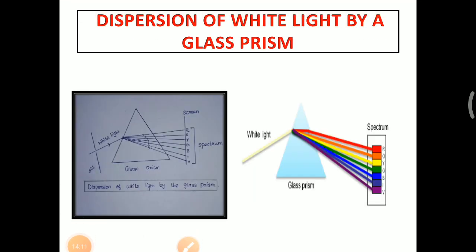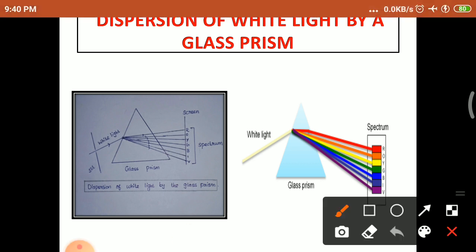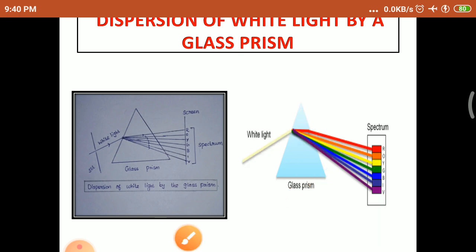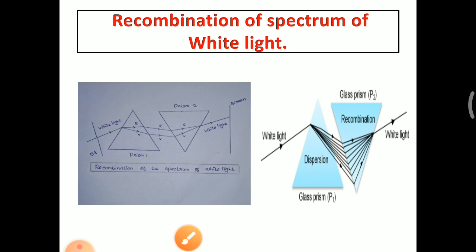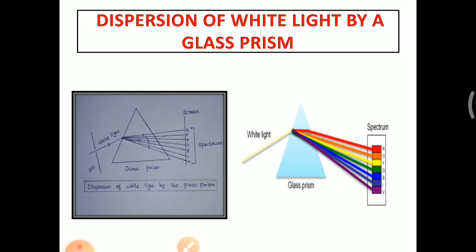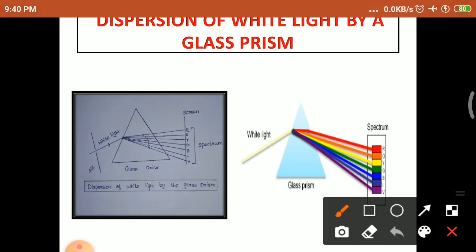The next diagram is dispersion of white light by a glass prism. When white light is passed through a glass prism, it is dispersed into 7 colors. That is called dispersion of light by a glass prism. When you are drawing with a pencil, draw in this way. This is a prism and you have to write the name, glass prism.